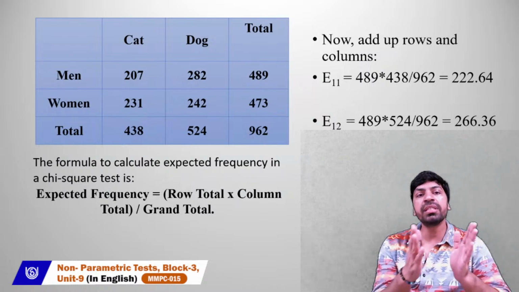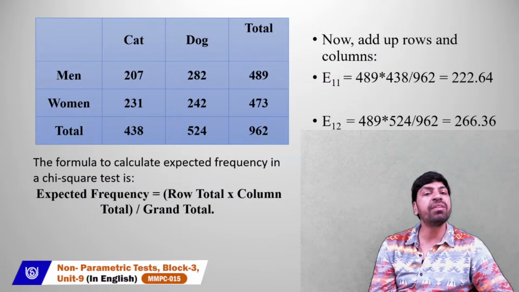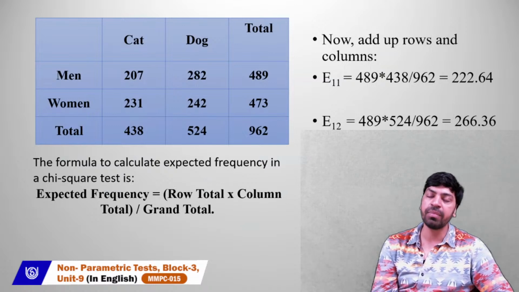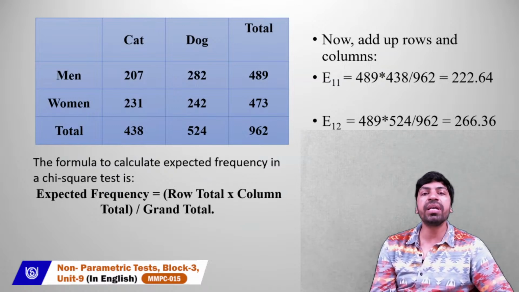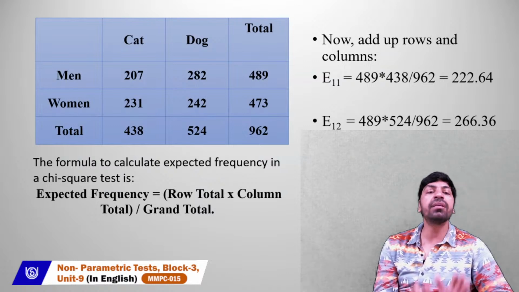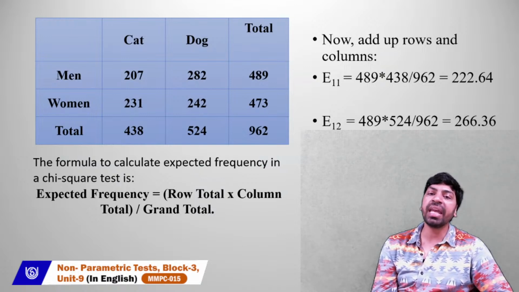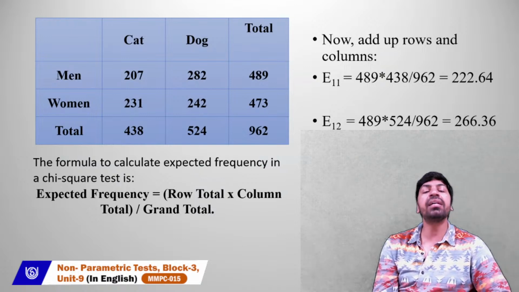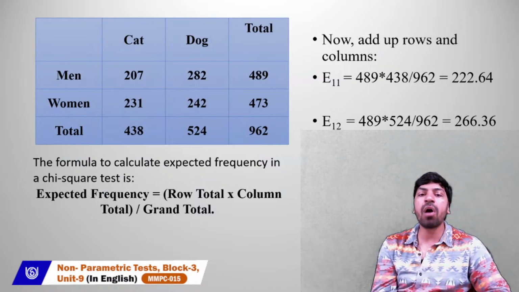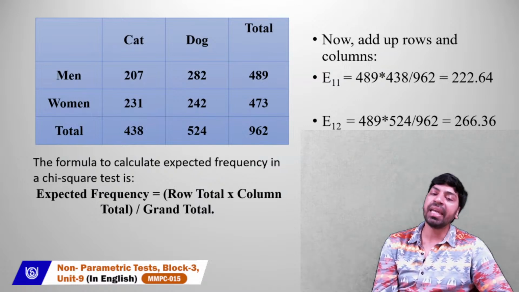So the question is cat and dog. The observed frequencies are given between men and women, and you have to total each row and each column. The total of each row is 489 and 473, and the total of each column, cat and dog, is 438 and 524, and the grand total of all rows and columns combined is 986.